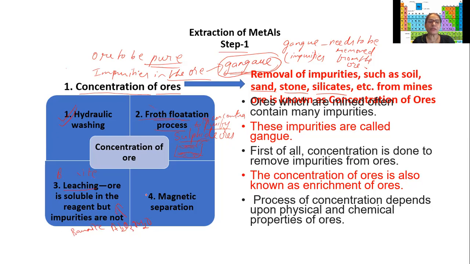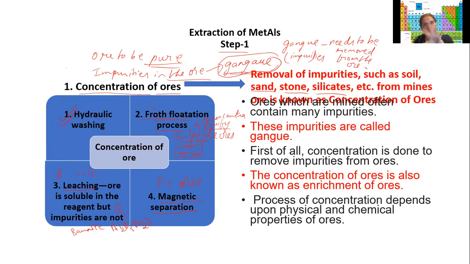Then magnetic separation, as the name indicates, uses magnetism. This is used for iron ores. For any iron ore, the ore is passed through magnetic rollers. The magnetic belt is there, and the ore is allowed to pass through.